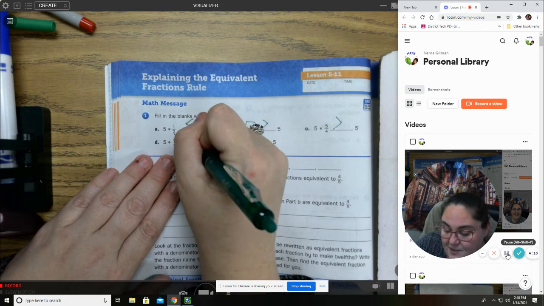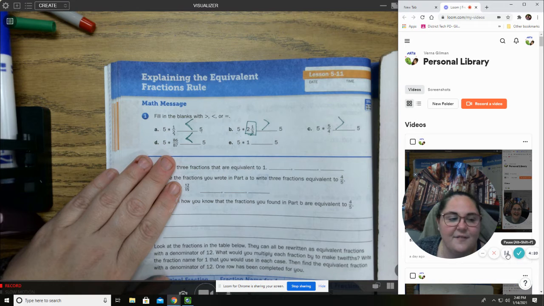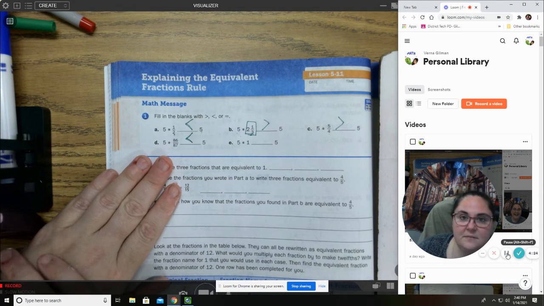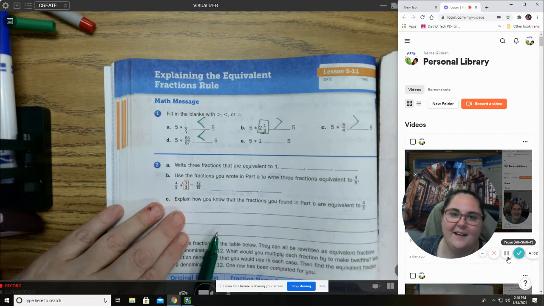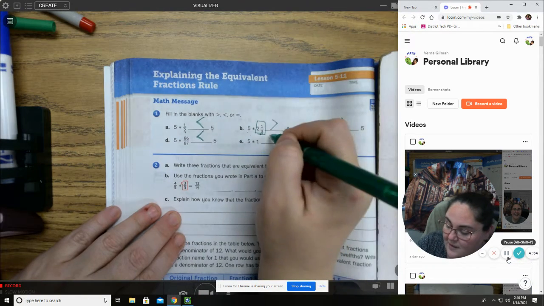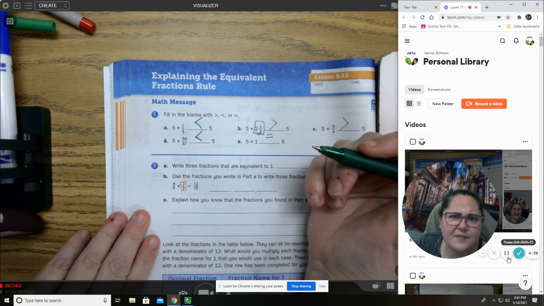That means my answer is going to be a tiny bit smaller than 5. And finally, 5 times 1. What do you think? Greater than, less than, or equal to? Easiest question of the day. This one is equal. 5 times 1 is the same thing as 5. It's the same thing as itself.